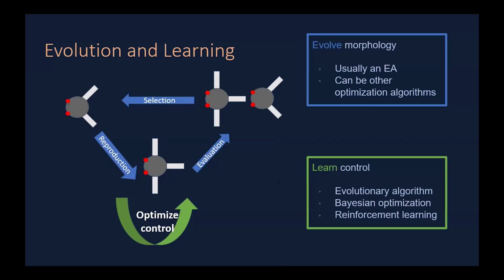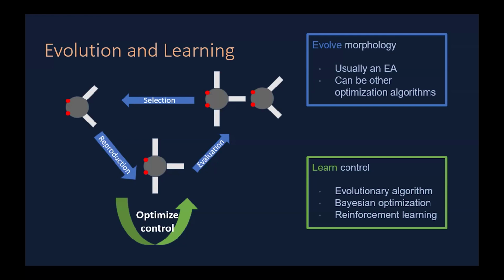But now for every new robot morphology, we optimize the control. This way, we try to find the optimal control for every morphology, so it will have a decent chance in selection. A learning control can be any algorithm you can think of that could optimize a robot control. Think of an evolutionary algorithm, maybe Bayesian optimization, or for a neural network control, reinforcement learning works well.